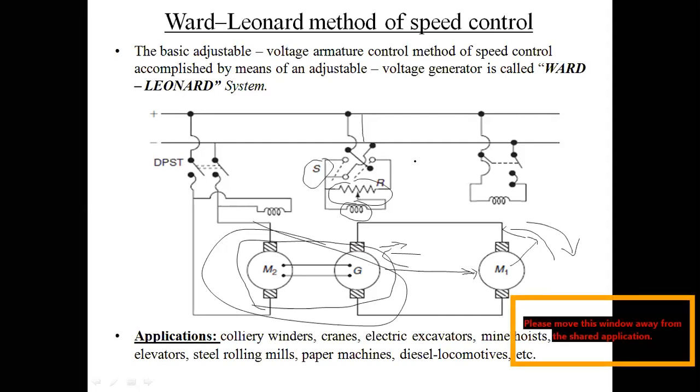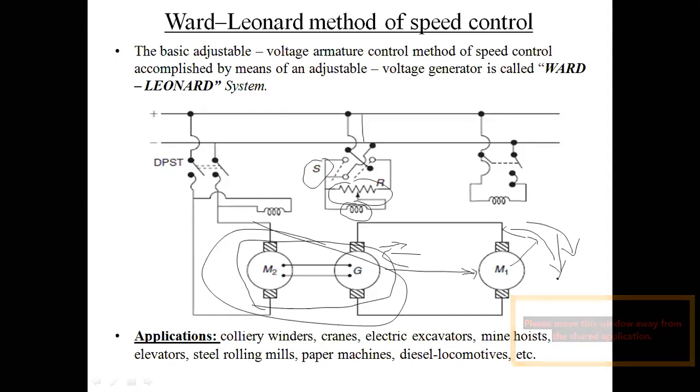Here is my question, please drop your answers in the chat box. Let me ask one question regarding this speed control, which is important for us. If the load increases on the main motor, what will happen to the speed of the motor?